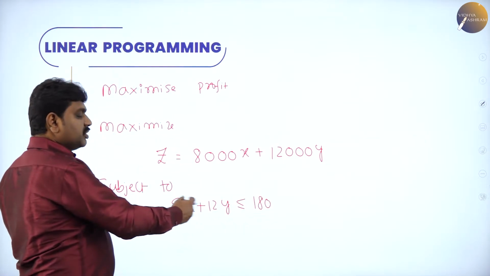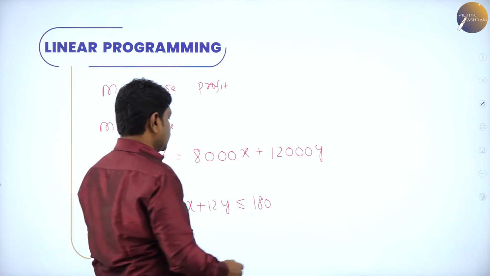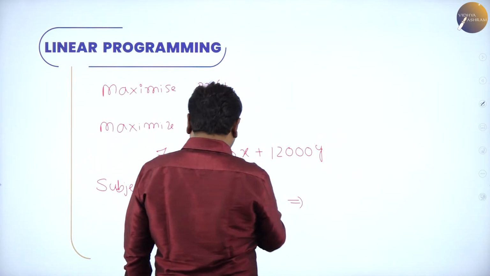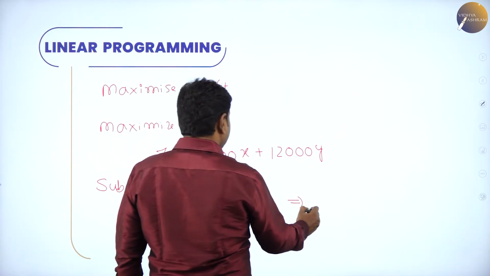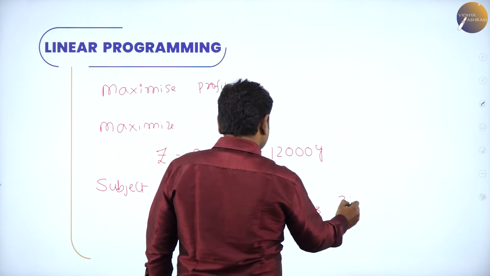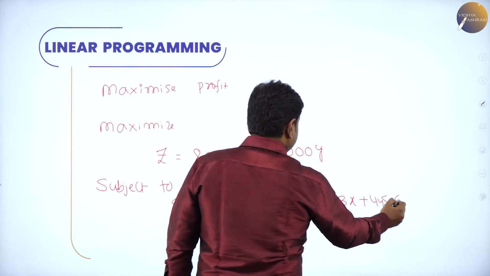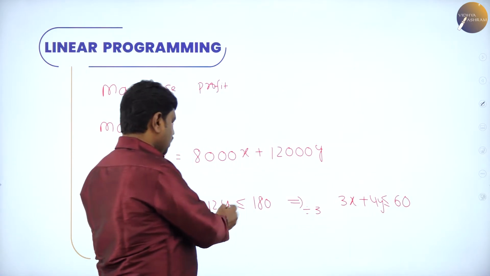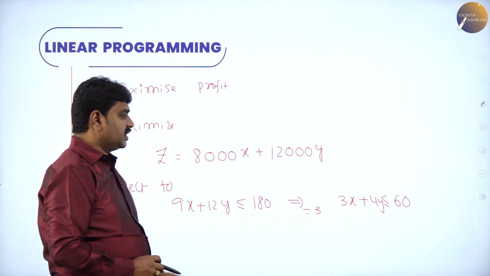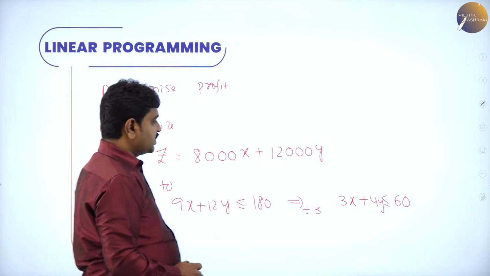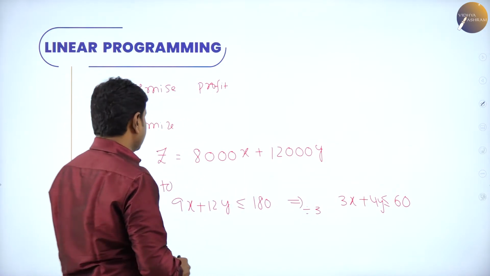Further, these are all divisible by 3, so you can reduce this equation. If I divide by 3, it gives you 3x plus 4y less than or equal to 60. I reduce the equation because all are divisible by 3. So the first constraint is 3x plus 4y less than or equal to 60.